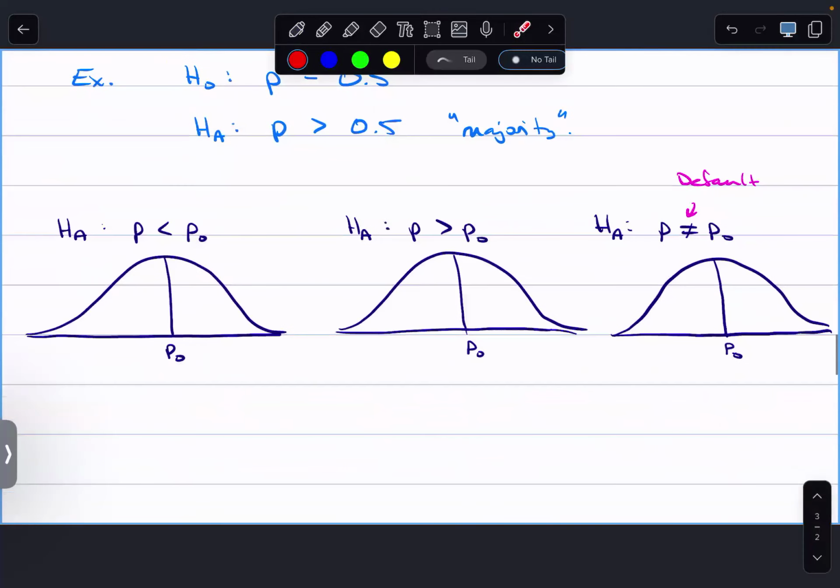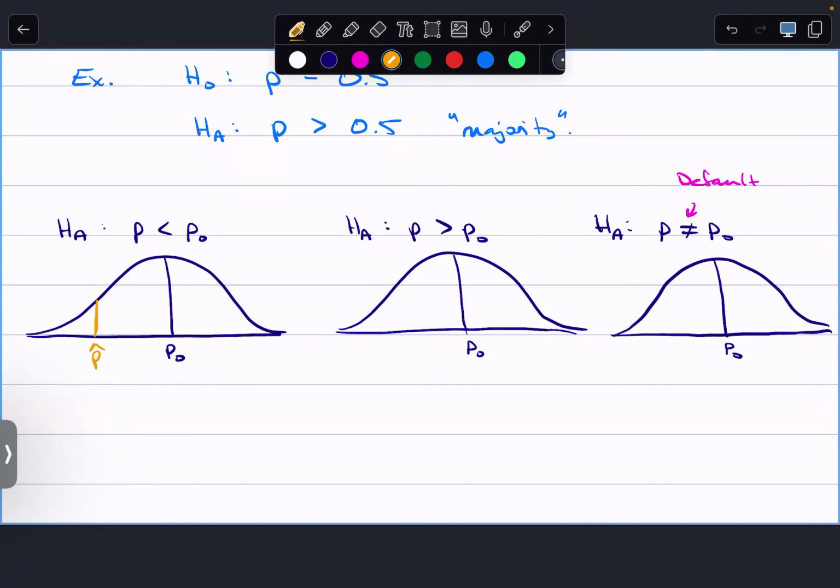So then what happens is, if you want to prove that the population that you drew from actually comes from a population that's centered on something less than P naught, well, you better hope that your sample proportion is also less than P naught, right? That's a good place to start.